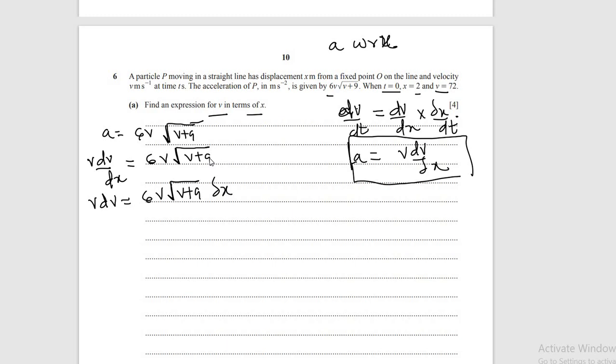When you cross multiply, v cancels v. At the end of the day, we have 1 over square root of v plus 9 dv equal to 6 dx. Now you have separated the variables, so integrate both sides.